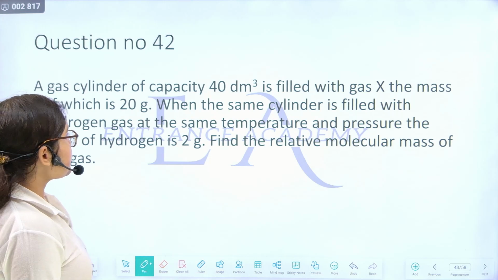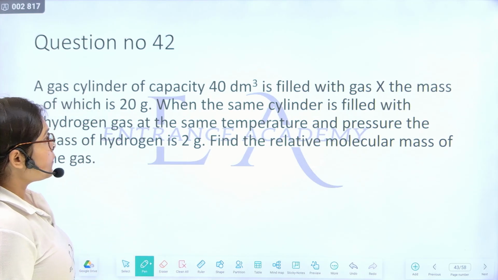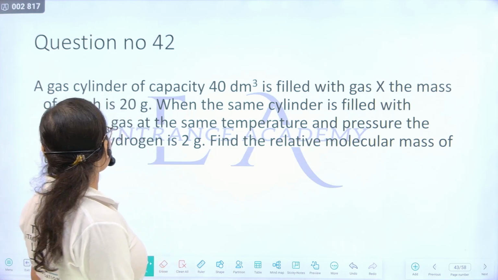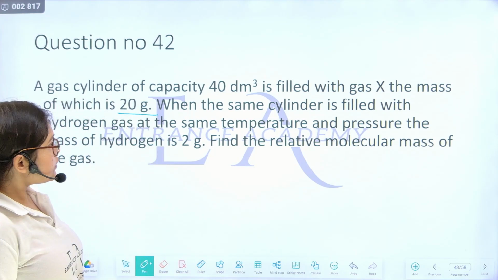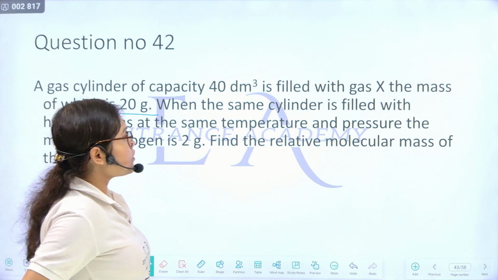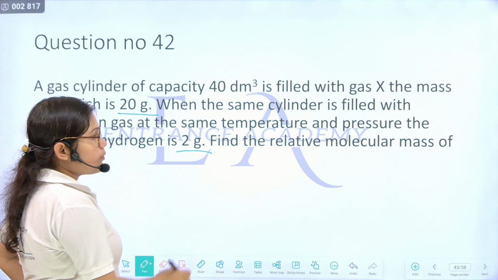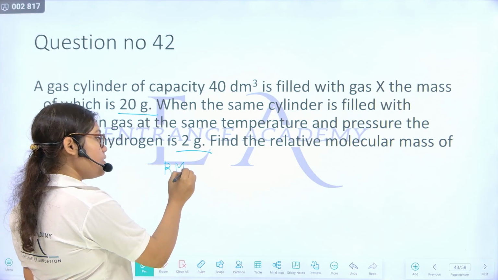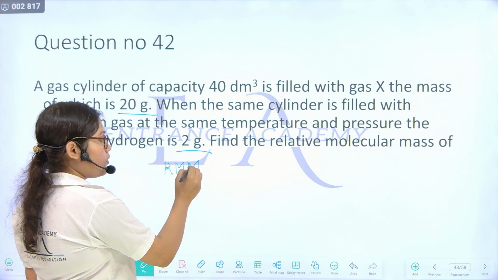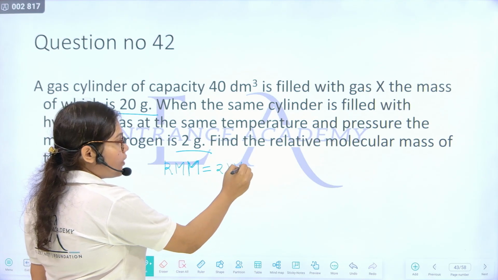Another numerical type of question: a gas cylinder of capacity 40 decimeter cube is filled with gas X, the mass of which is 20 gram. When the same cylinder is filled with hydrogen gas at the same temperature and pressure, the mass of hydrogen is 2 gram. Find the relative molecular mass of the gas. Relative molecular mass is equal to 2 into vapor density. This is the formula.